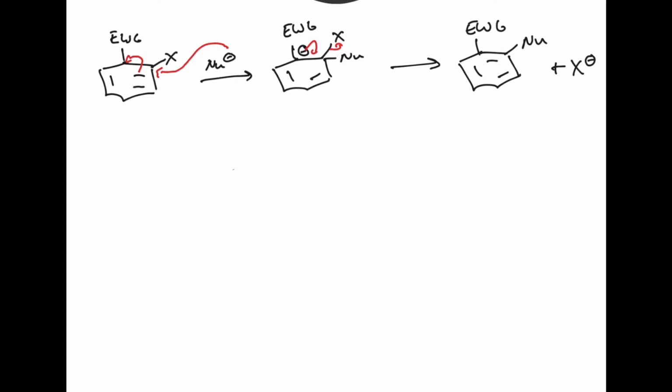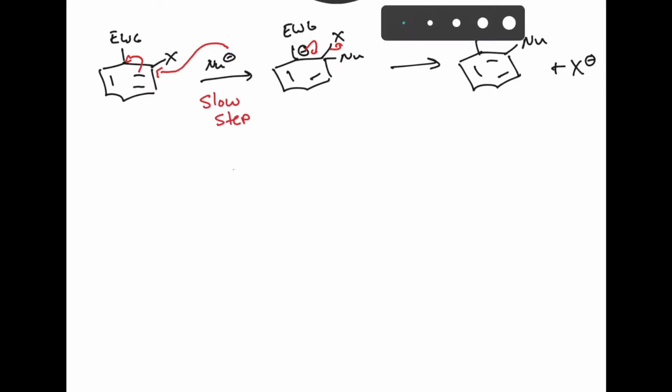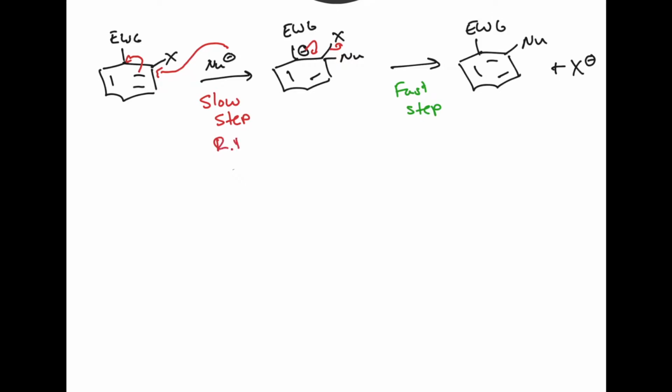And we said that the first step is the slow step. Second step is the fast step. Because the first step is the slow step, it's the rate determining step.